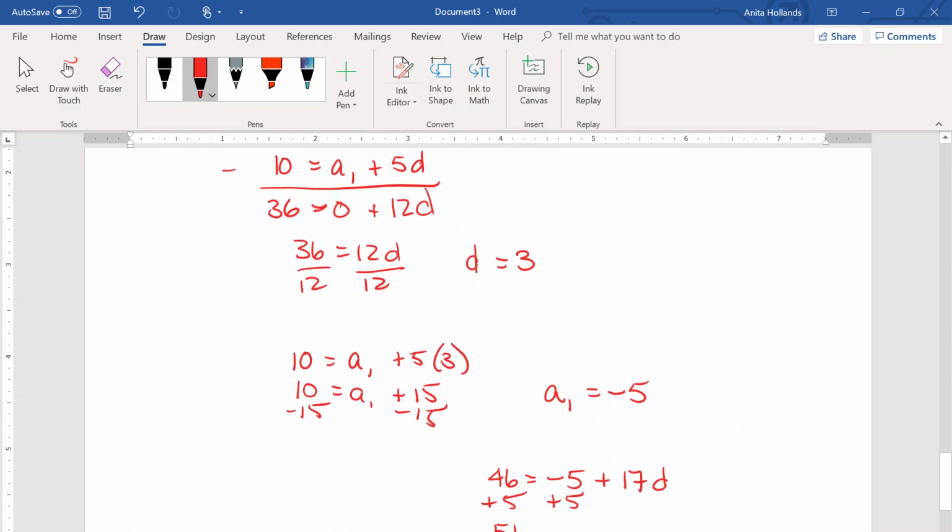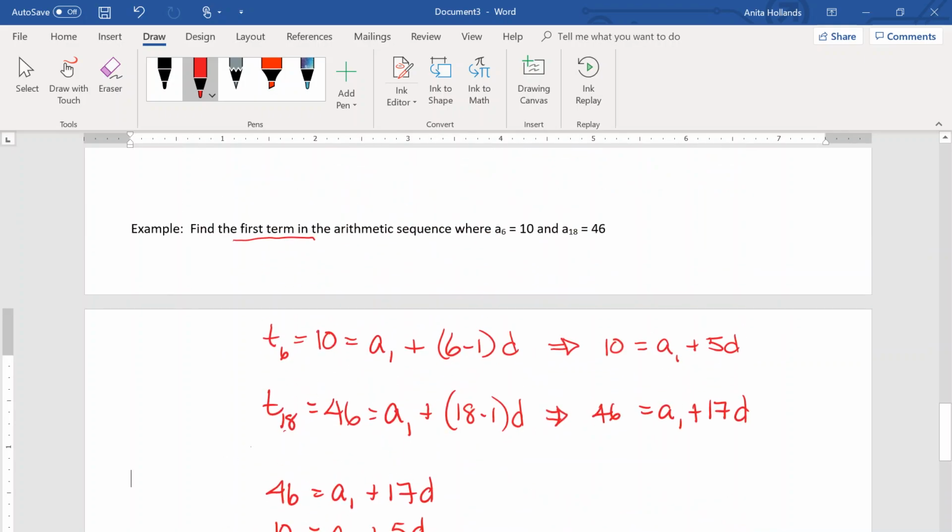That gives us 51 is equal to 17d. Divide both by 17. And yes, indeed, d is equal to 3. And that's how you can find the first term and the common difference given two terms in an arithmetic sequence.